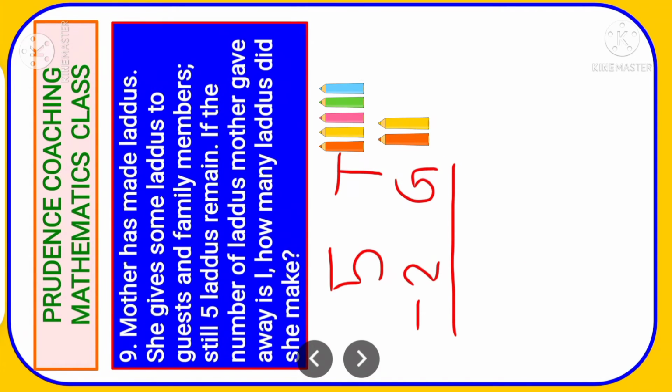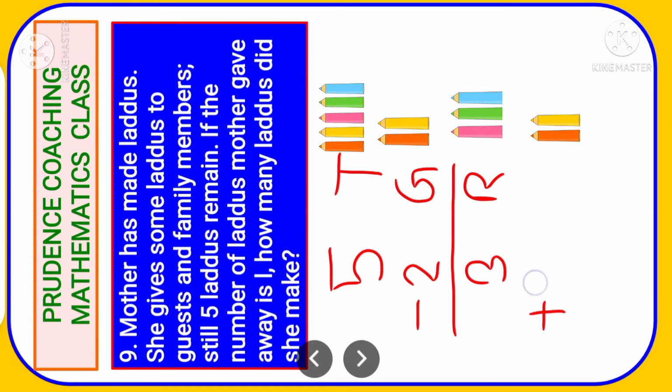So now you will be left with 5 minus 2, that is 3 pencils. This is the remaining. So you know how many pencils are left with you? It is 3. Now with these remaining pencils, if your brother gives you back 2 pencils, that means you will get 2 more pencils, so plus 2. So this was given away by you, you are getting it back. So how many pencils will be there with you now?